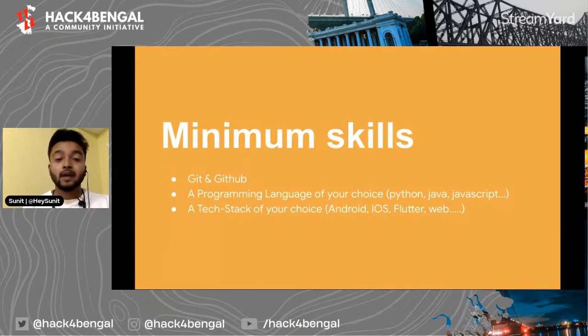So for Android apps, they use the Java programming language. Then you can code the whole thing in Java and learn the Android development framework. If you learn JavaScript, you can continue by learning React.js or Vue.js, those development frameworks. And if you learn Swift, then you can learn iOS development or Flutter.